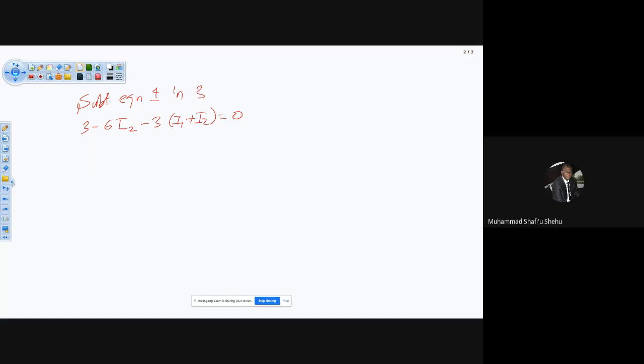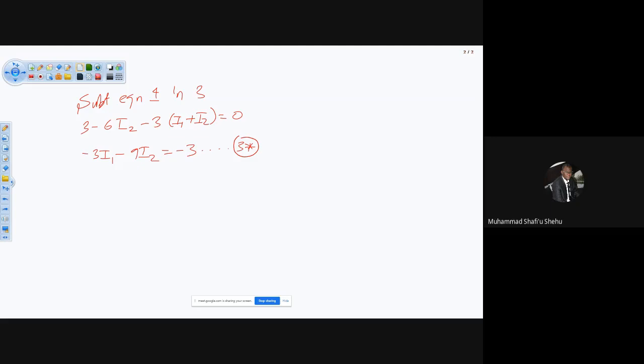So this equation, by reduction, we're going to have minus 3 I1 minus 9 I2 equal to minus 3. So we can call this our equation 3x, because it's a modified equation 3, or we can call it a new equation 3.